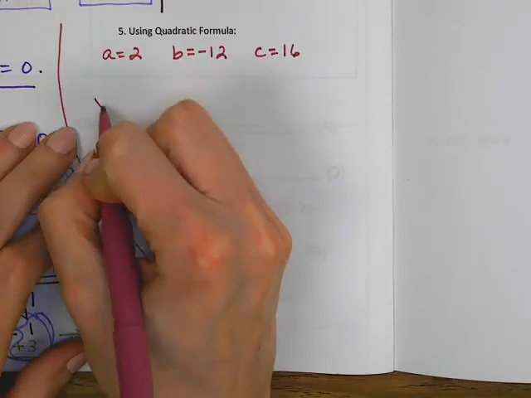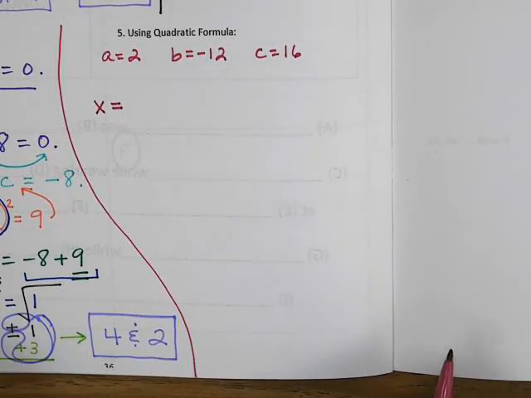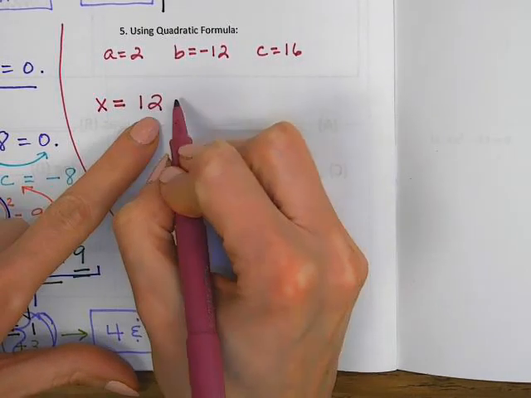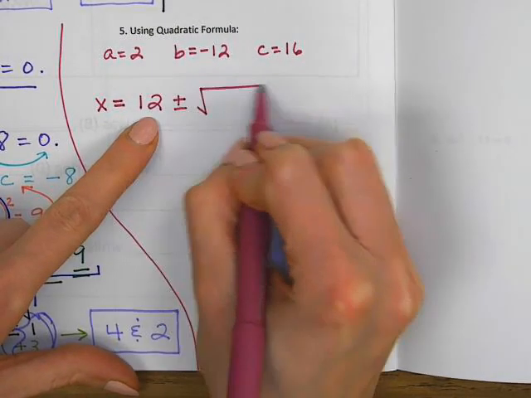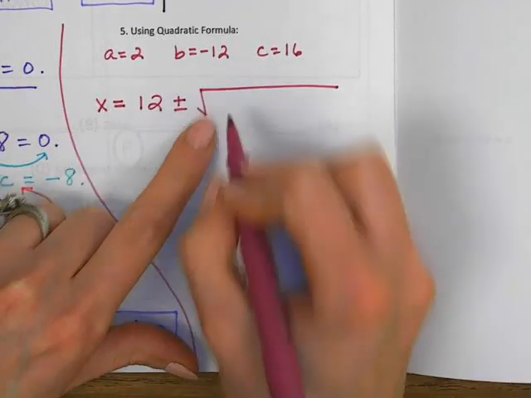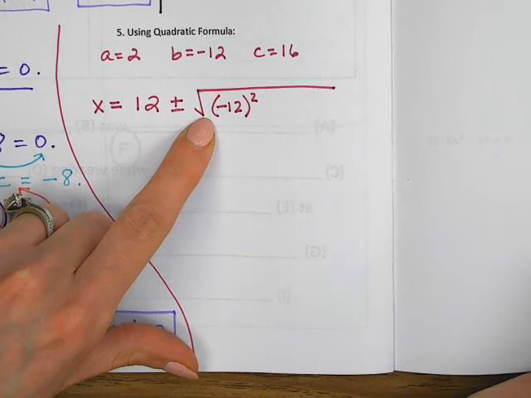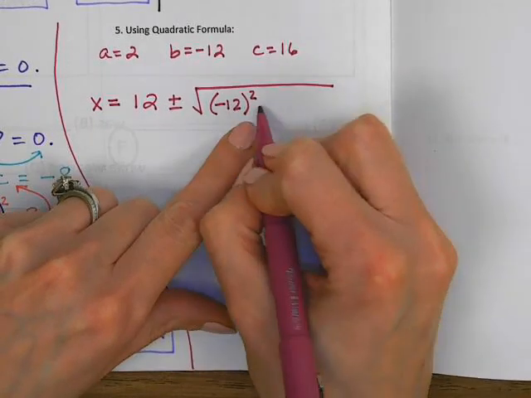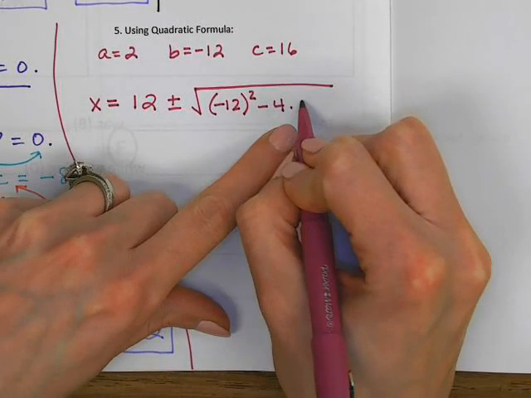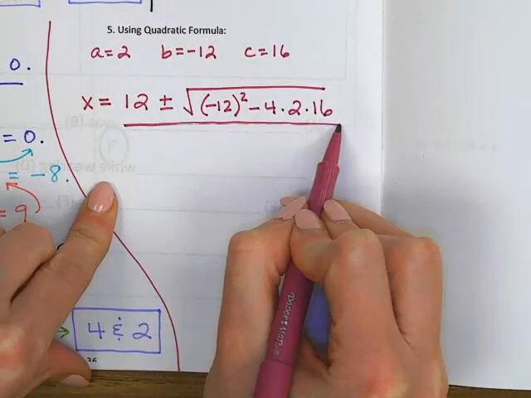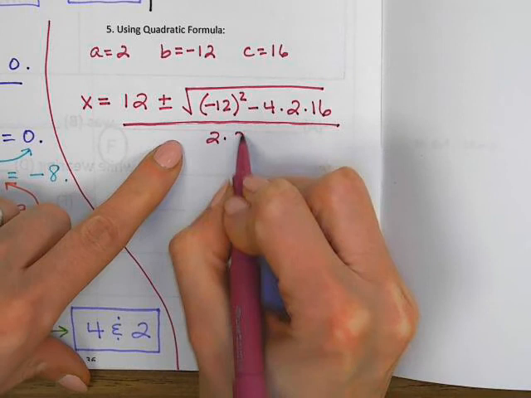The quadratic formula says x equals negative b, but a negative negative becomes positive, plus or minus the square root of b squared, but when b is negative, it has to be in parentheses, b squared minus 4 times a times c, all over 2a, so 2 times 2.